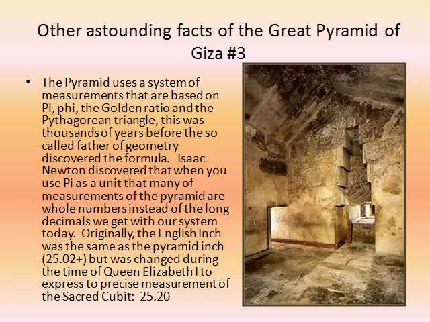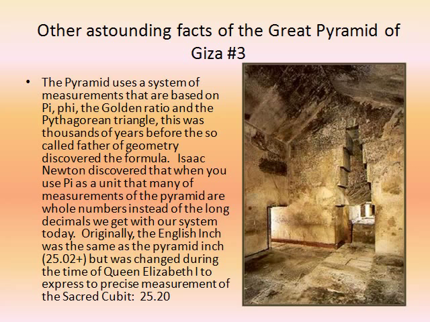Some other astounding facts of the Great Pyramid of Giza. The pyramid uses a system of measurements that are based on pi, or phi, the golden ratio, and the Pythagorean triangle. This was thousands of years before the so-called father of geometry discovered the formula. Isaac Newton discovered that when you use pi as a unit, many of the measurements of the pyramid are whole numbers instead of the long decimals we get with our system today.